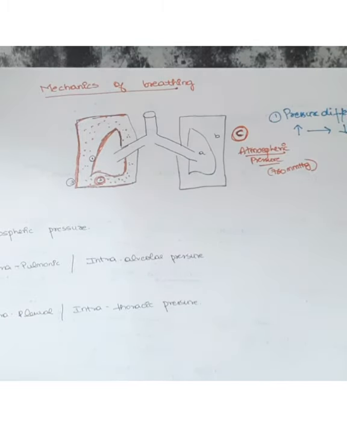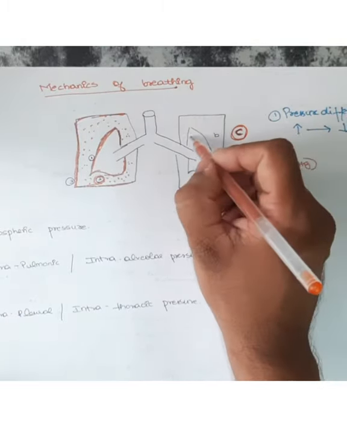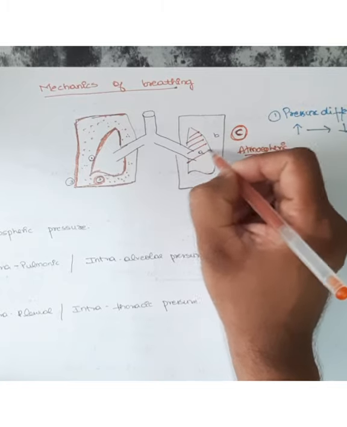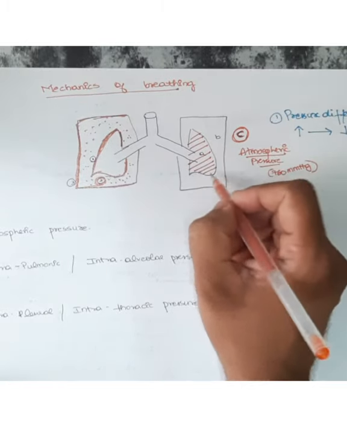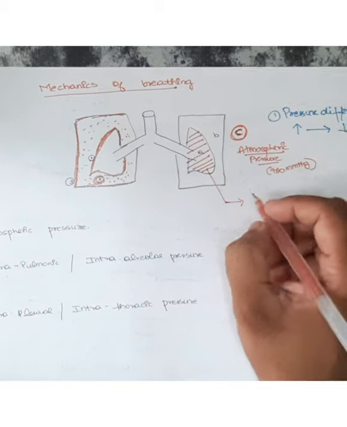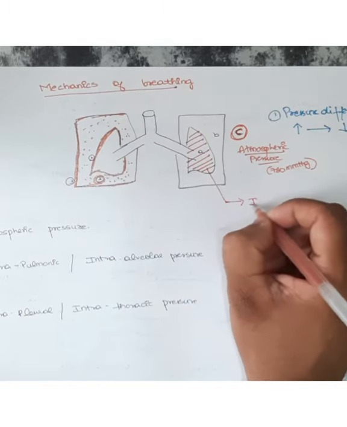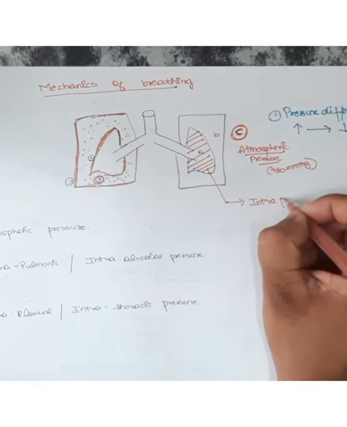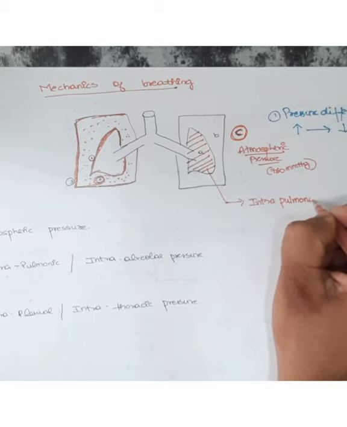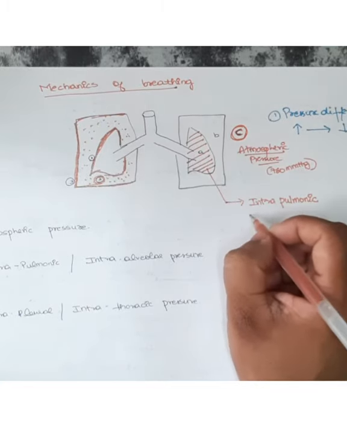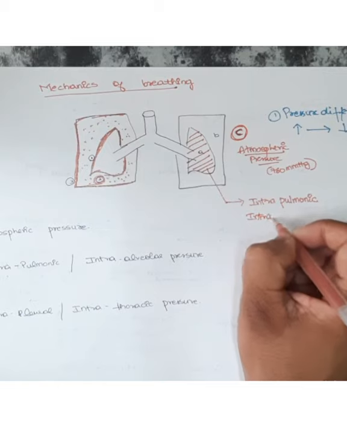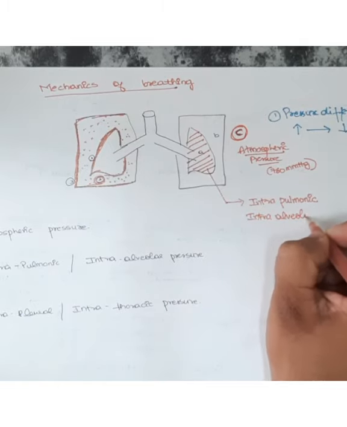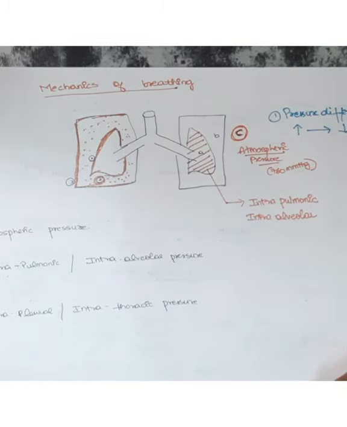The pressure that is seen inside the lung, so this is the lung, is called intrapulmonic pressure, intrapulmonary or pulmonic. It is also called intra-alveolar pressure.